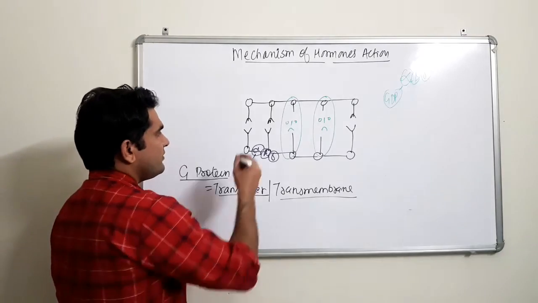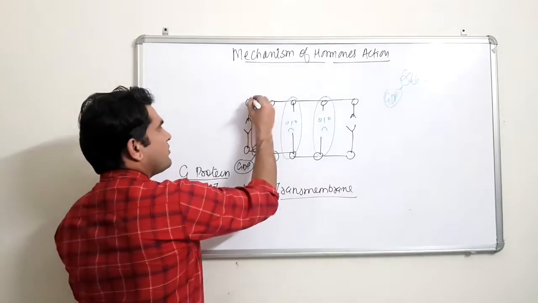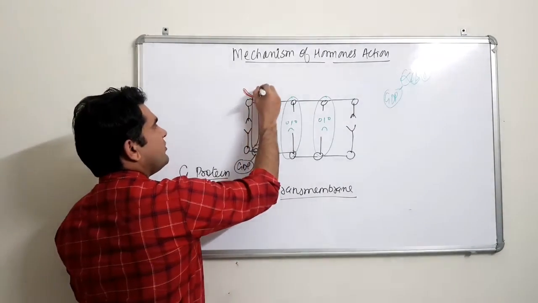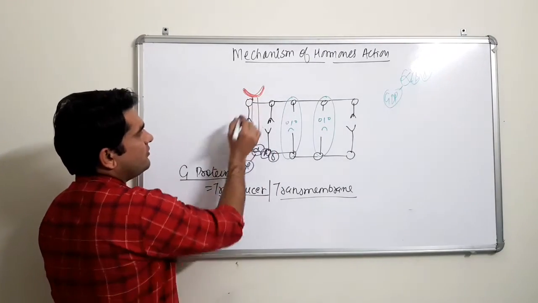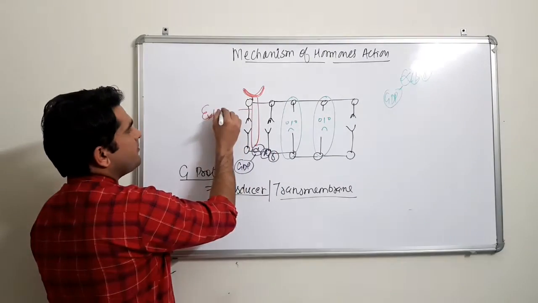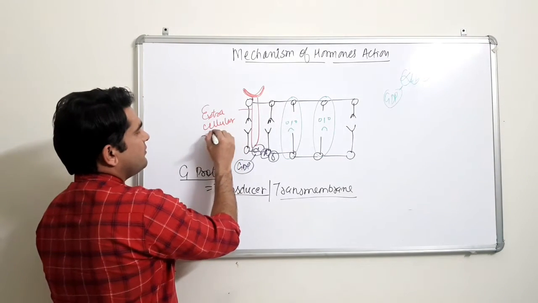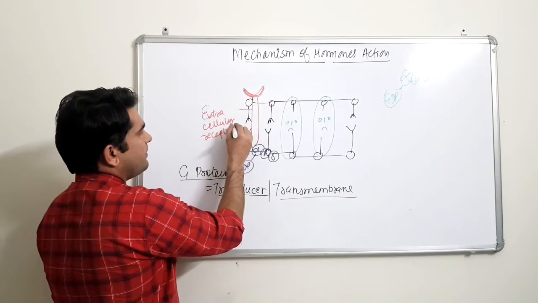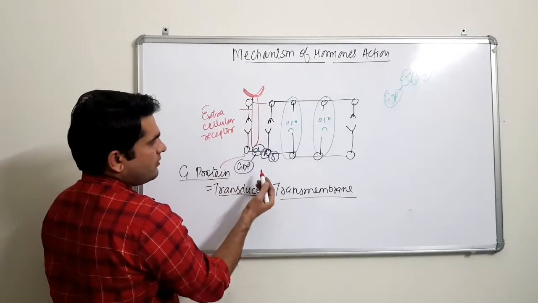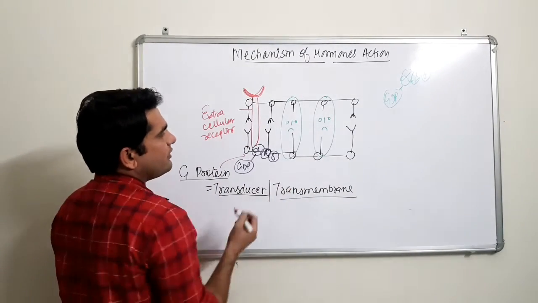And to this, there is a protein which is like this, and this protein is the extracellular receptor. That's your extracellular receptor. That's your G protein, alpha, beta, gamma units, and these are some inactive enzymes.